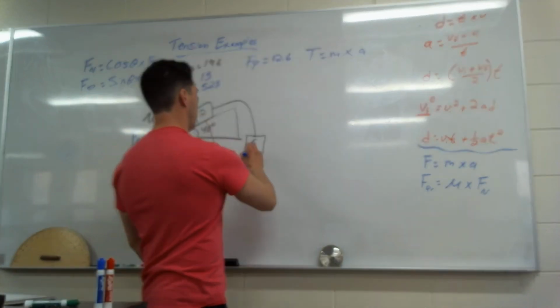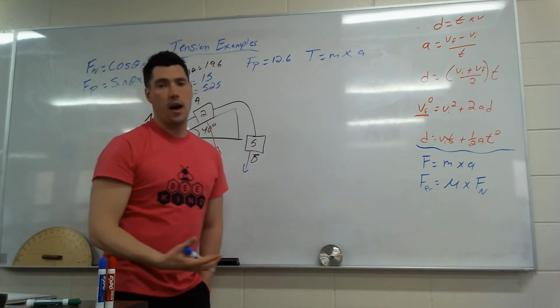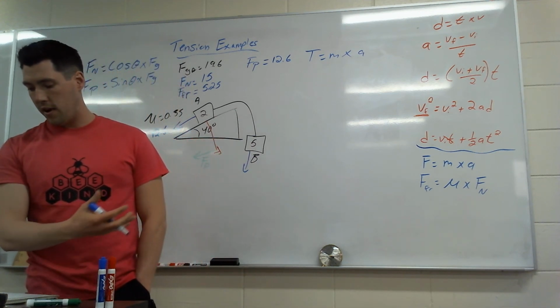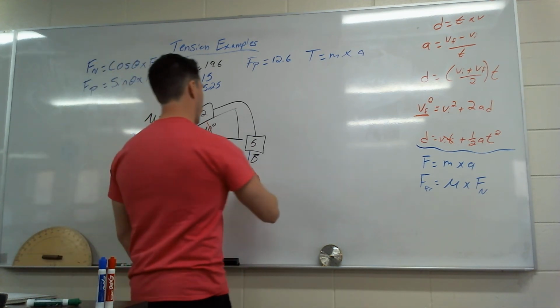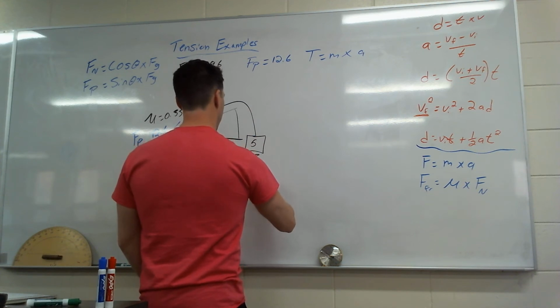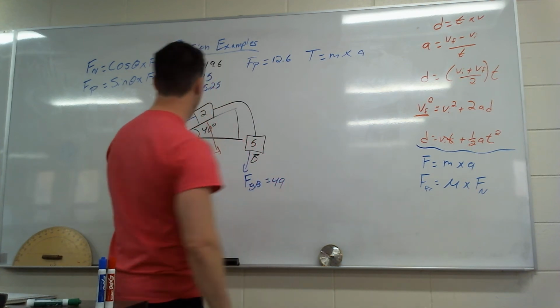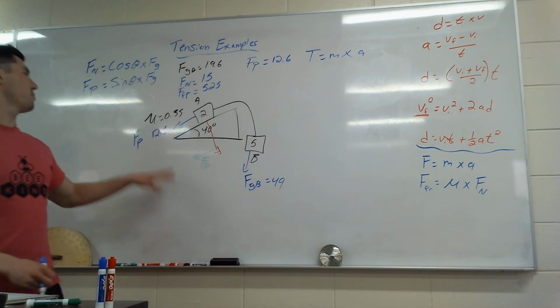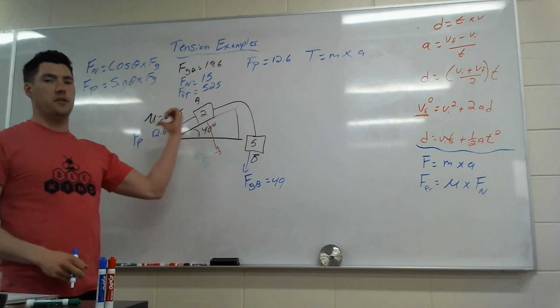What is this force, force gravity B? 5 times 9.8 is 49. So we know that this is bigger than my force parallel, which means gravity is going in this direction.